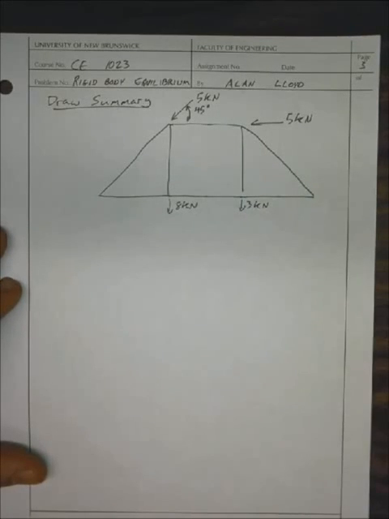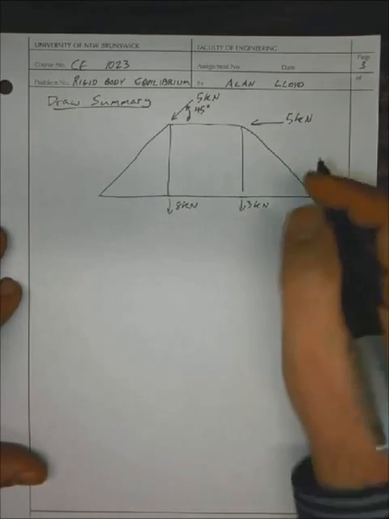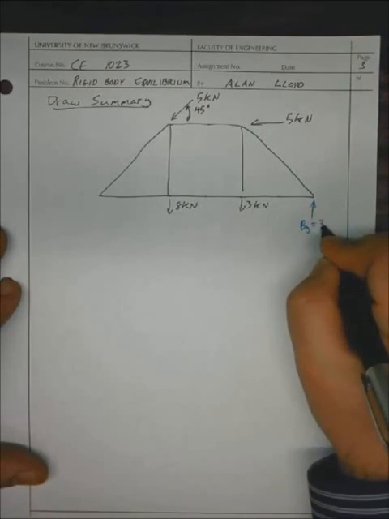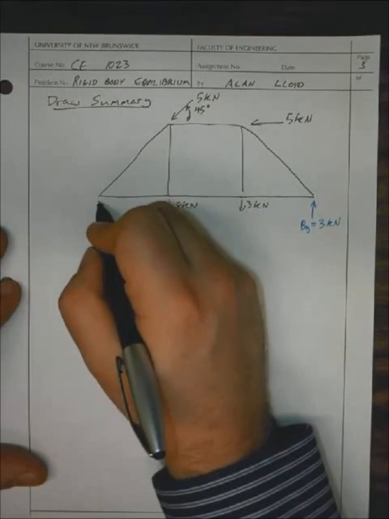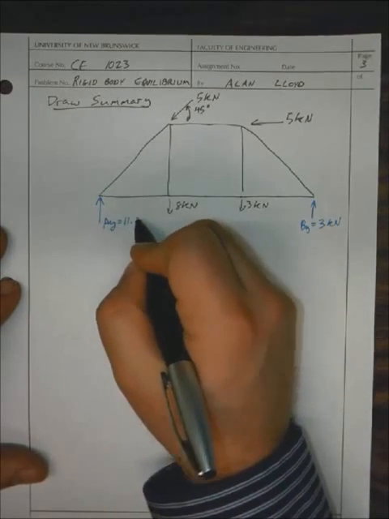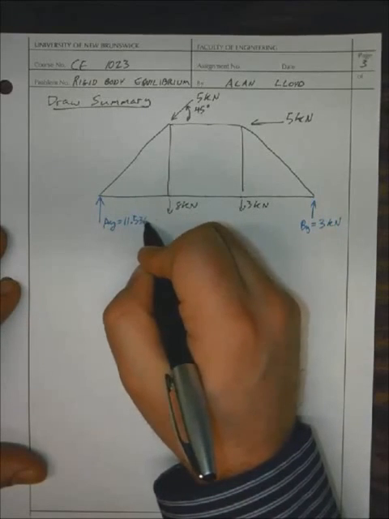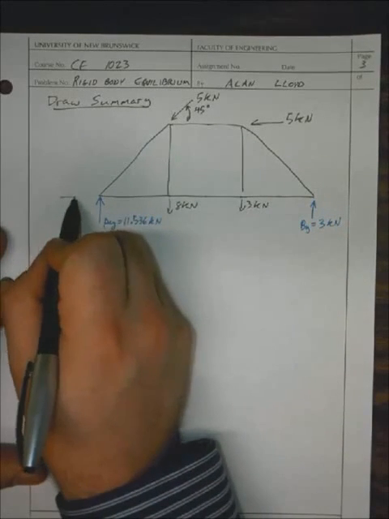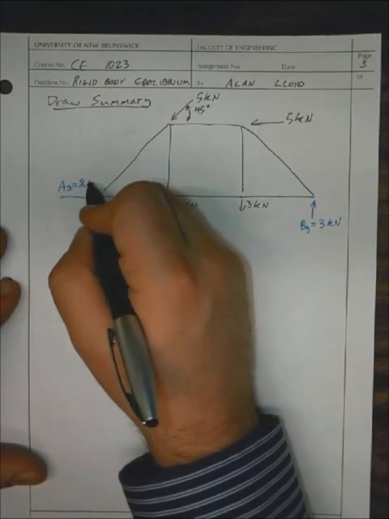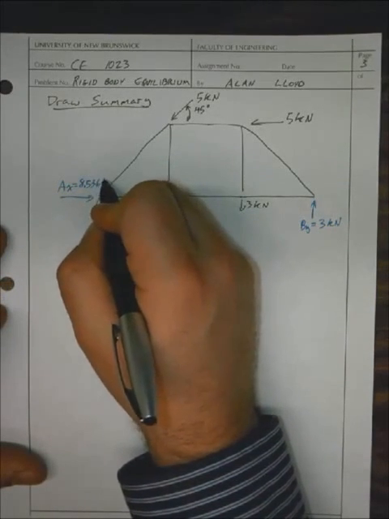And then we went ahead and solved for our reactions. We found that By was equal to 3 kilonewtons. Ay was equal to 11.536 kilonewtons. And Ax was equal to 8.536 kilonewtons.